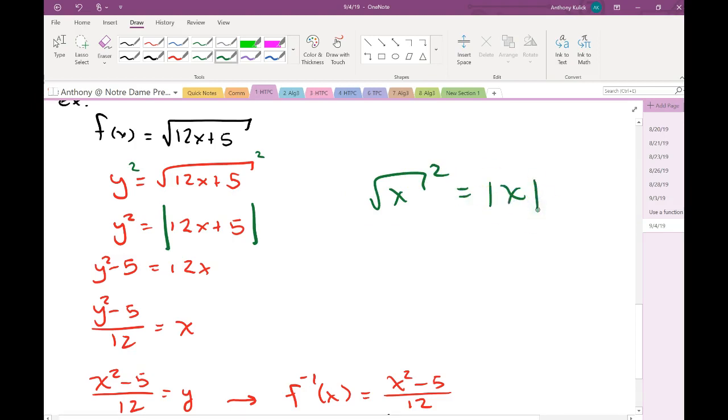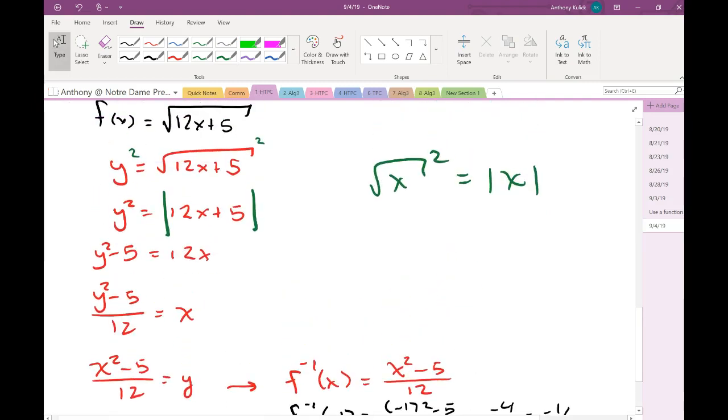Now usually we omit the absolute value for simplicity's sake, but here where the domains and ranges aren't exactly the same, there's a little bit of an issue, and this problem is a lot more complicated than it is at first glance once we have that absolute value in there. So this is like x has to be greater than or equal to 0? Yeah, basically that's what we're saying.